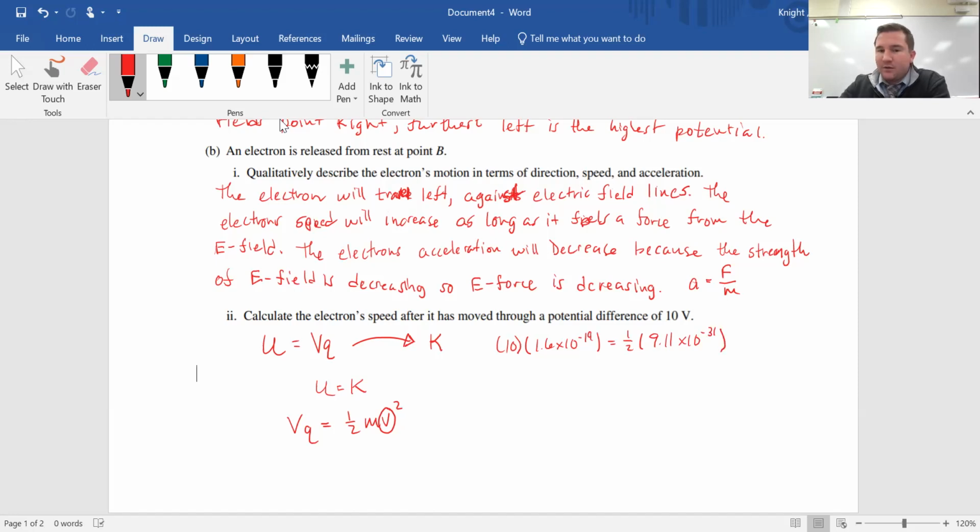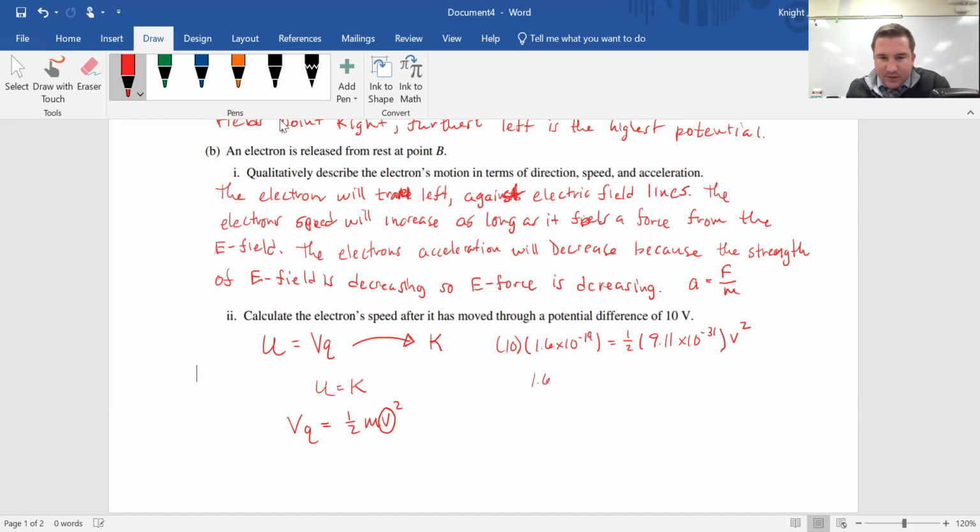I'm pretty confident. I know all about electrons. I don't need to double check that. And then we're just solving here. So this will just move this to the negative 18th.